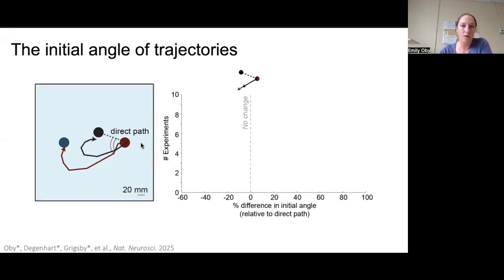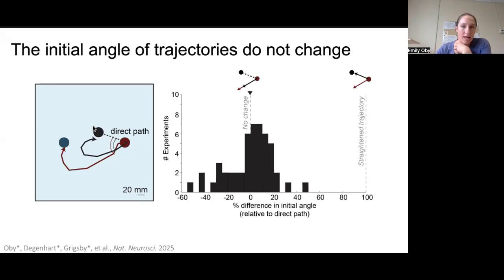So we're going to calculate the difference in initial angle between these two trajectories. A value of 0 here means no change. The initial angles are exactly the same. This would indicate that the trajectories are highly constrained. And a value of 100 here means the black trajectory basically moves along the direct path or the time reverse trajectory, and that would be sort of maximal flexibility. And here's what we see. Over 50 experiments in our 3 monkeys, we found that the initial angle doesn't change very much. So this is not a significant difference from 0.